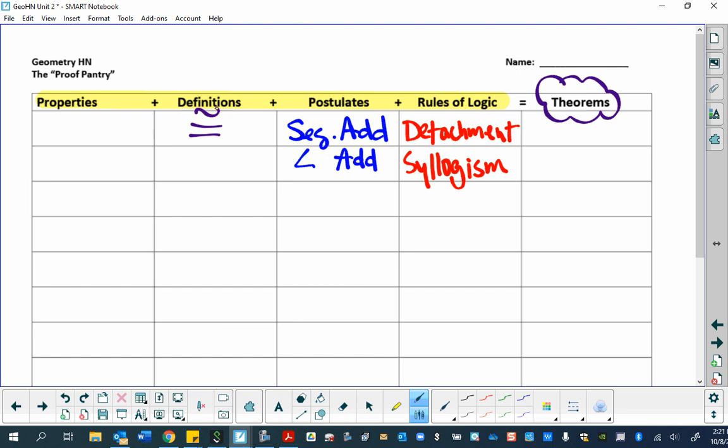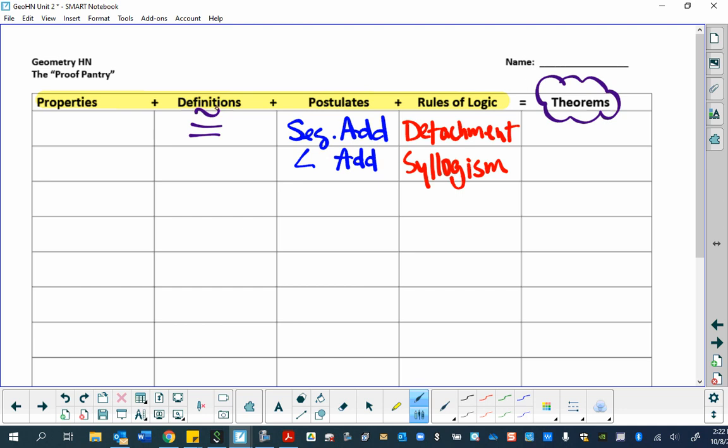So my question for you is, which one's more organized? Have one partner take out their notebook, and what I'd like you to do is page through from day one of geometry. And if you think there's something in your notes that would be a really good justification in a proof, write it down. Is it a property?